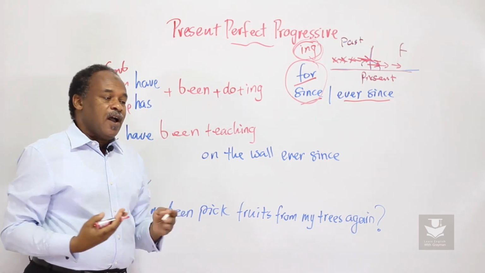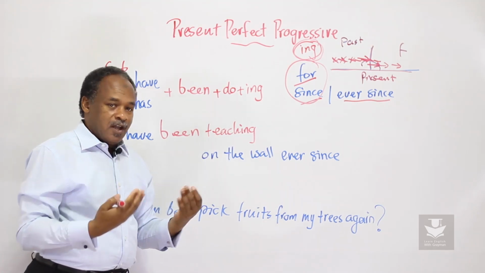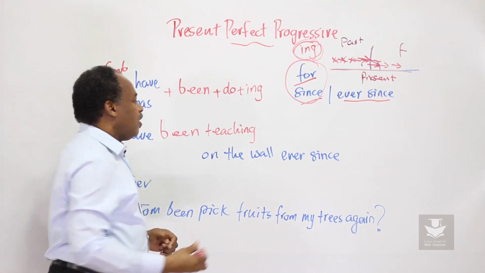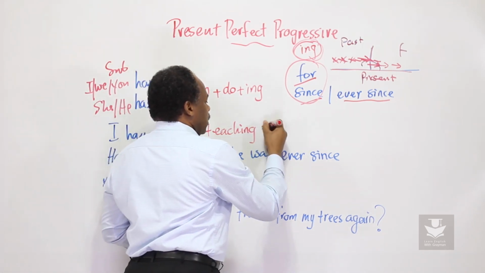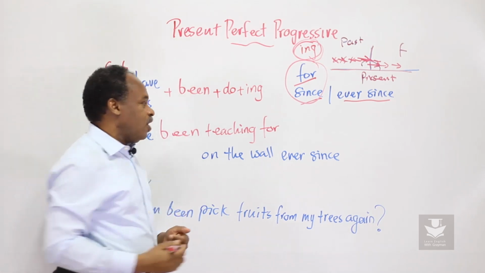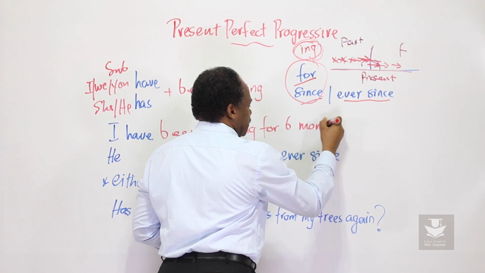Or I can say, I have been living in this city. I've been teaching in this classroom for, let's say, 6 months. 6 months, okay?